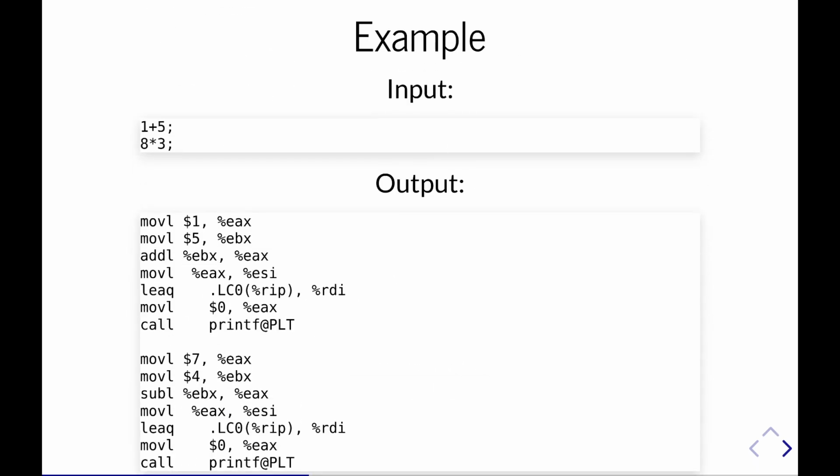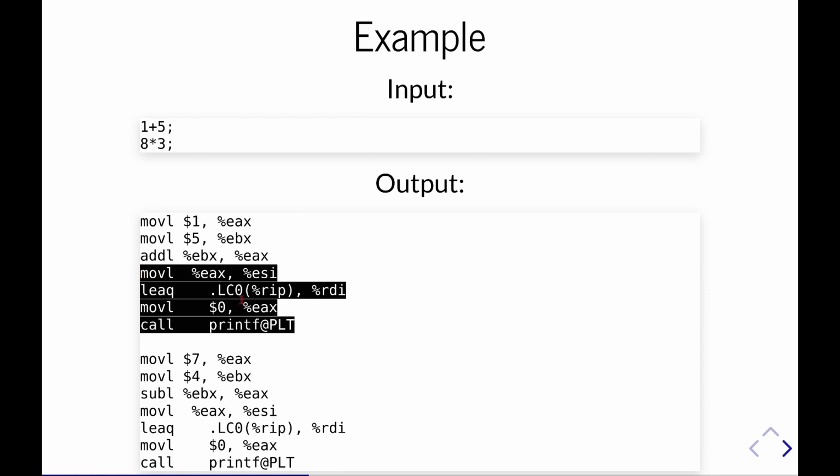So here's a fuller version that includes the call to the print statement. This is the same code we saw before when we translated 1 plus 5. And in our compiler, just so we can see output from running the compiled program, I've also added a call to printf. That's all this code is doing.